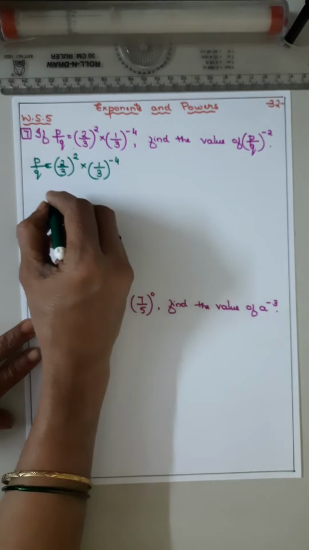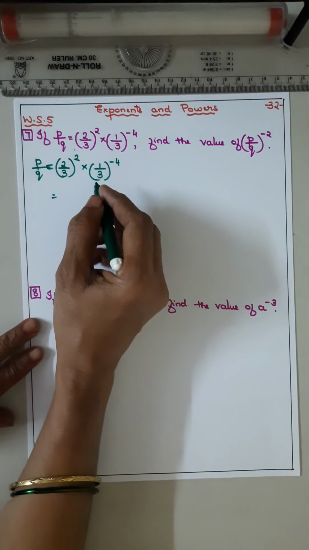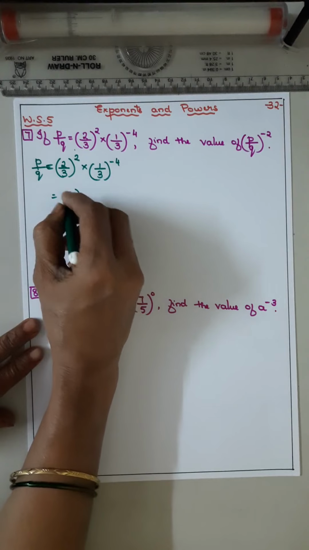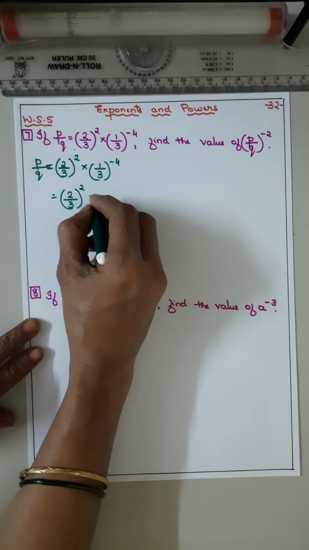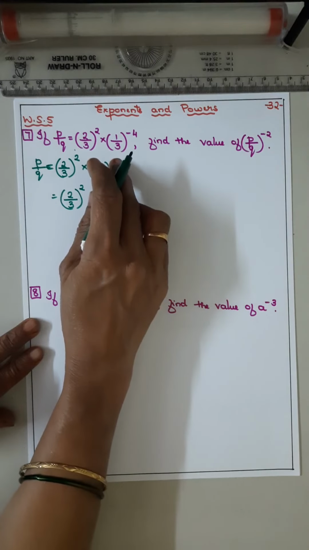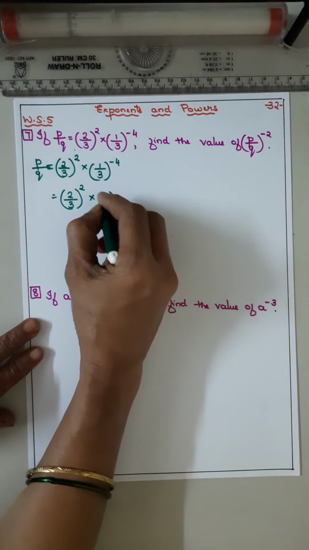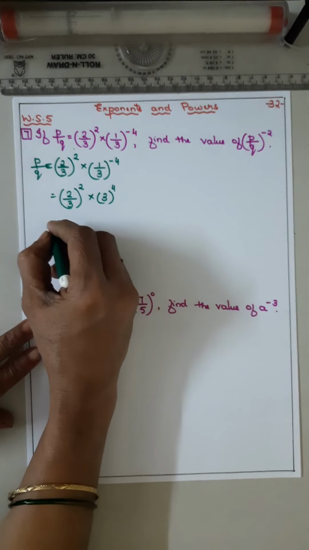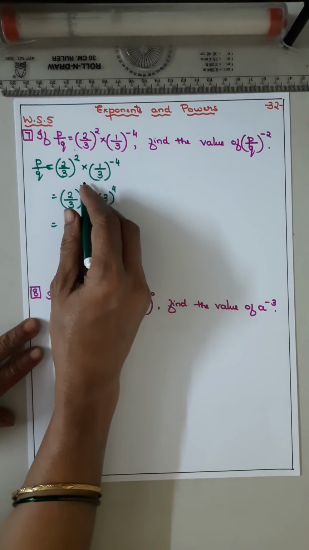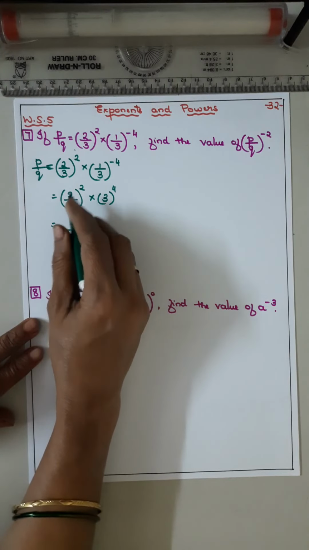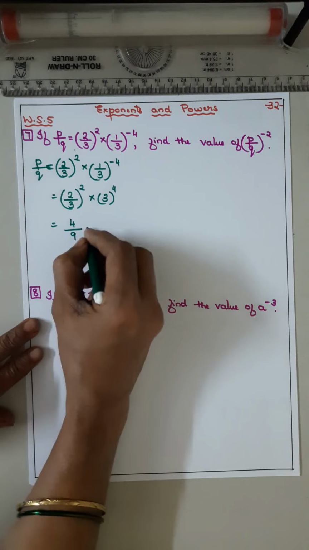So first convert the negative power into positive. So it becomes 2 by 3 the whole raised to 2 into 1 by 3 should be written as 3, and minus 4 will become power 4. Now 2 to the power 2 means 2 2s are 4, 3 3s are 9.